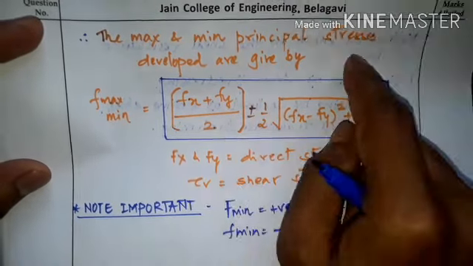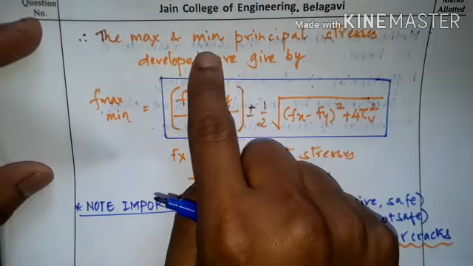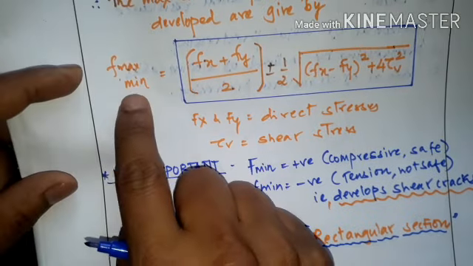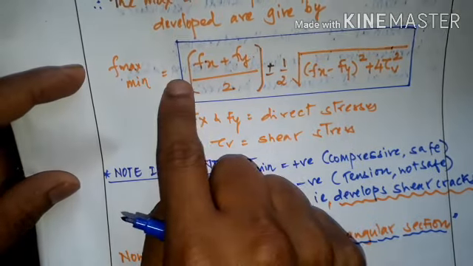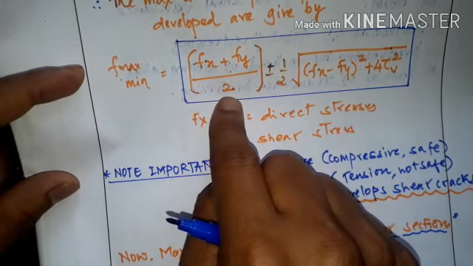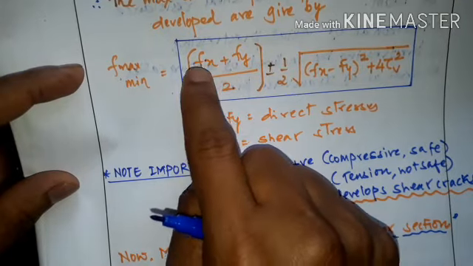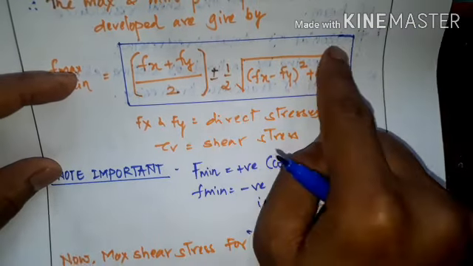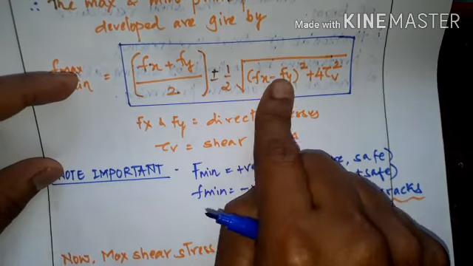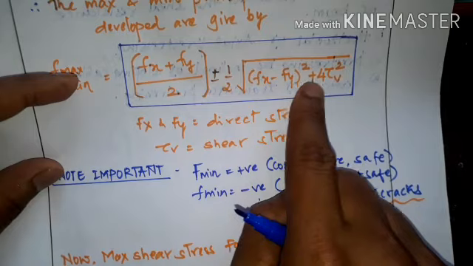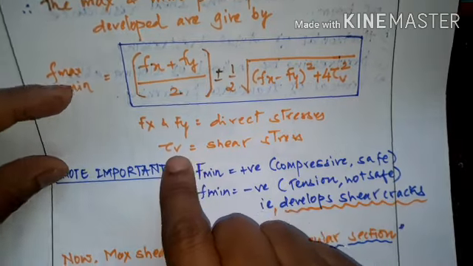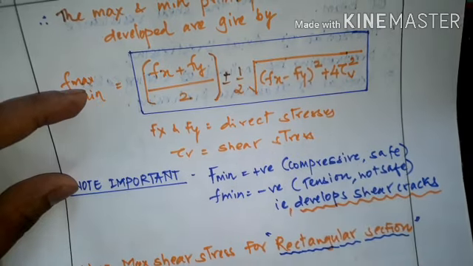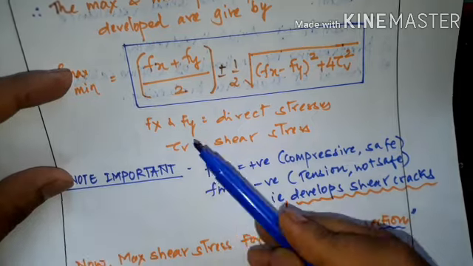F maximum and F minimum are equal to (Fx plus Fy) divided by 2, that is the average of Fx and Fy, plus or minus half of the square root of (Fx minus Fy) squared plus 4 tau v squared. Here Fx and Fy are direct stresses.